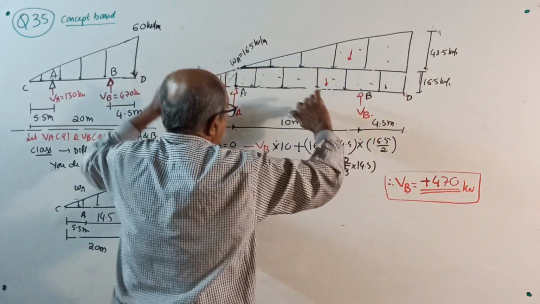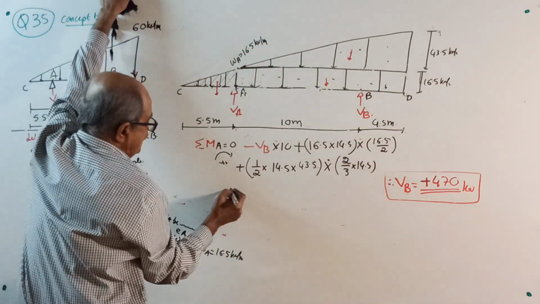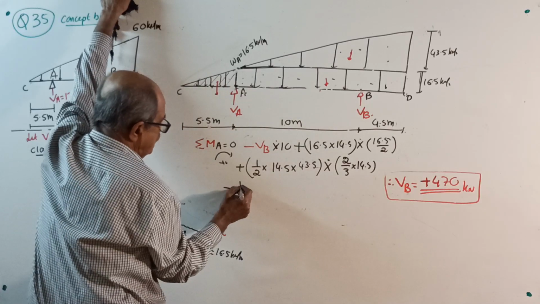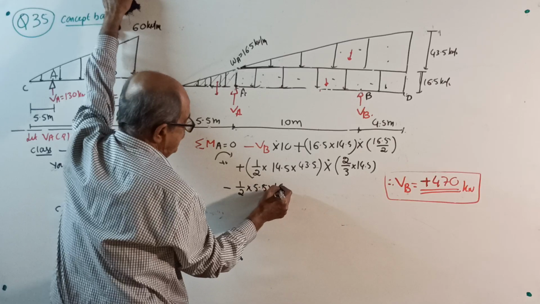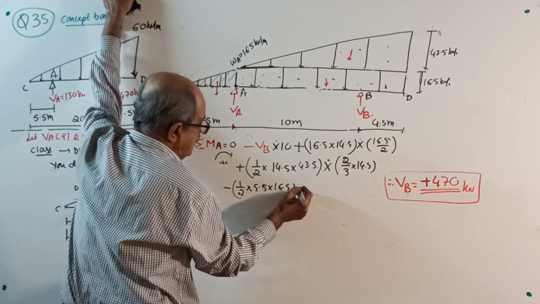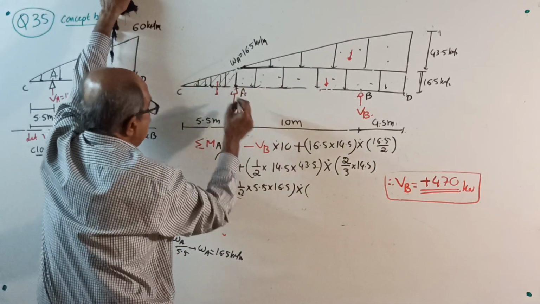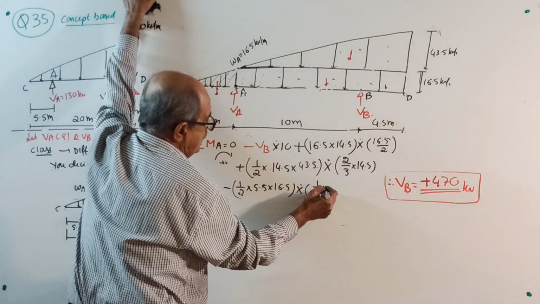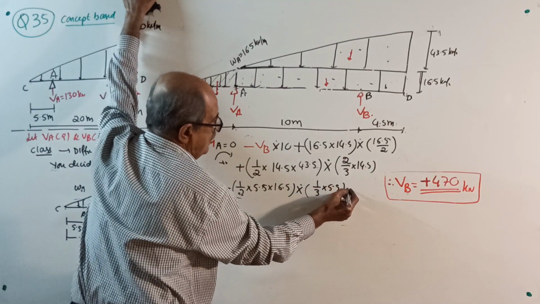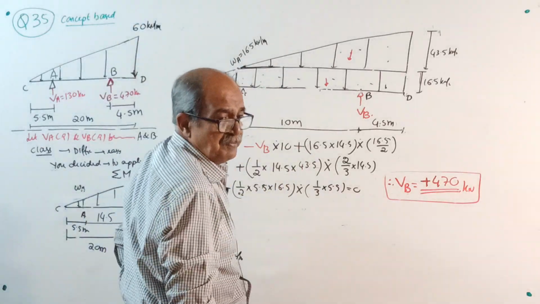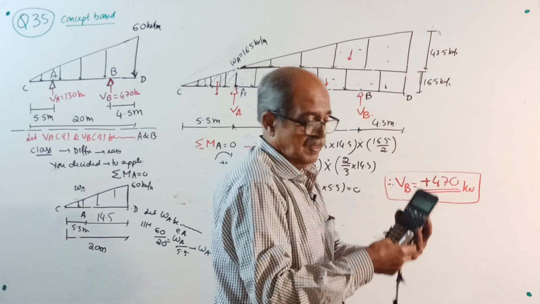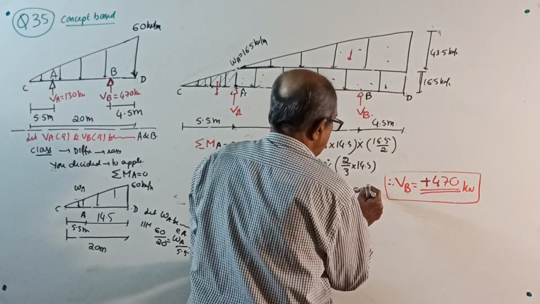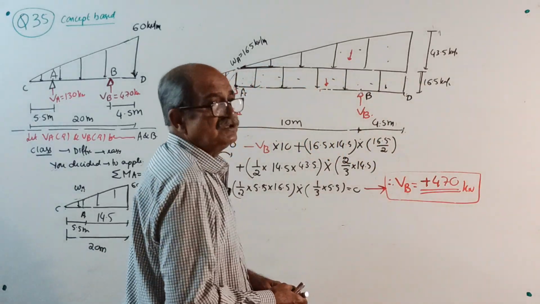This side load is overall clockwise, minus this triangle load, half into 5.5 into 16.5 is the total load, multiplied by 1 by 3 of 5.5, equal to 0. You simplify, you will get VB equal to 470 kilonewton.